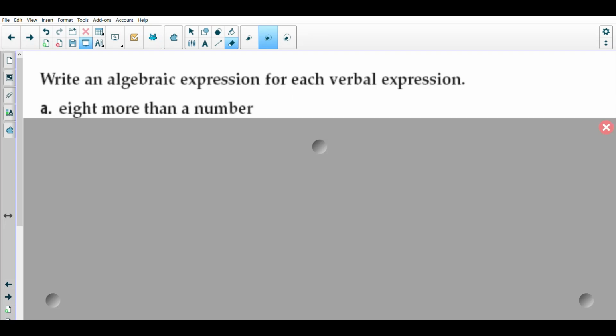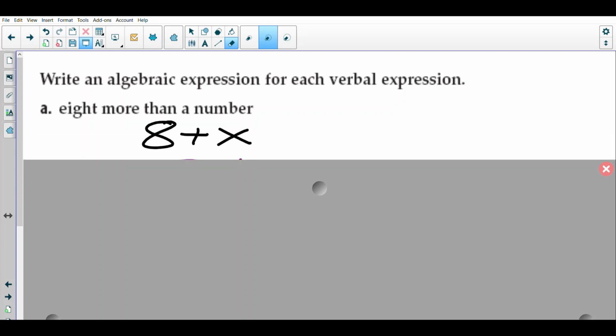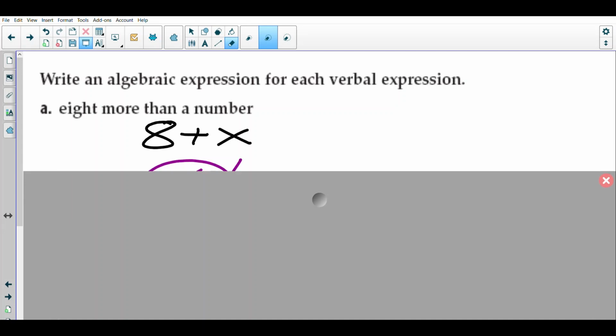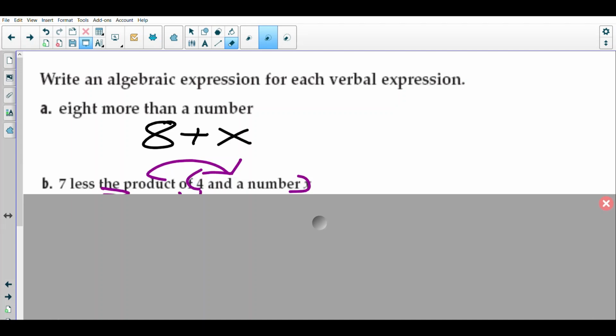So write an algebraic expression for each variable expression. 8 more than a number. So 8 just means 8. A number, you can use any letter. And the more than, we just saw, means plus. So we have 8 plus, and I used x. The next one, I already have it started. 7 less the product of 4 and a number.